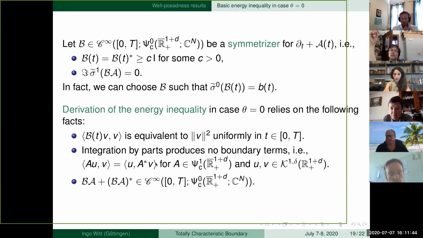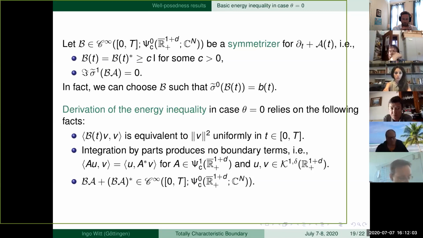So this equality carries over to u and v as shown here. So we can do an integration by parts and get no boundary terms. And then the imaginary part of that operator is of lower order. So one needs these 3 things, and the standard arguments go through also in our situation.